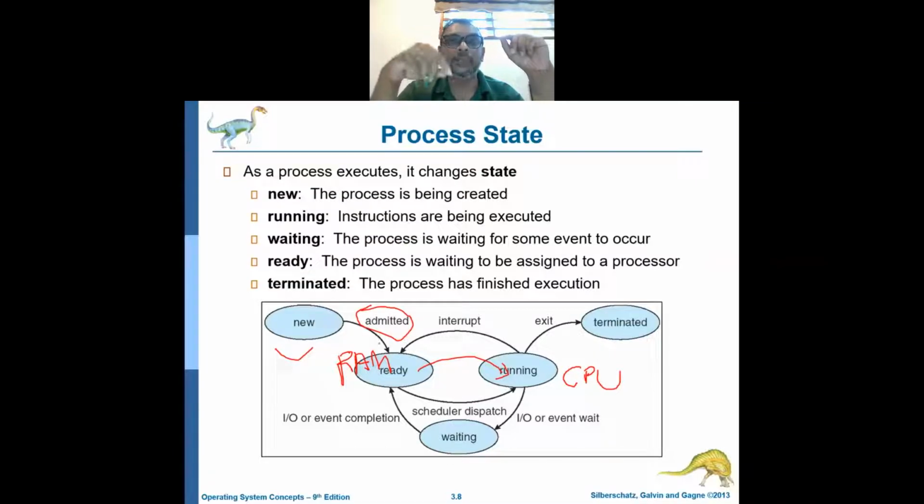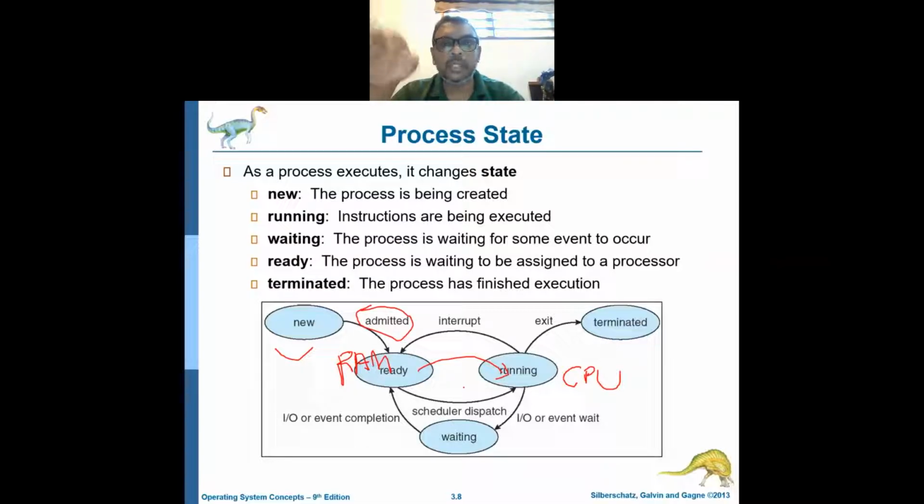So who carries the process from here to here? The operating system has a dispatcher. A dispatcher is software inside the operating system to bring the processes from the RAM to the CPU.